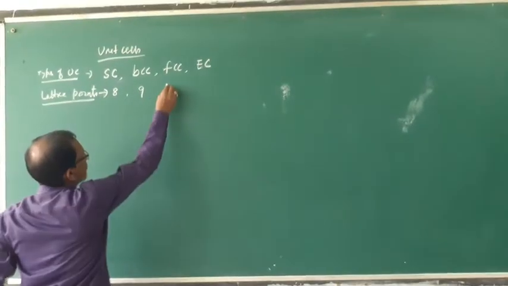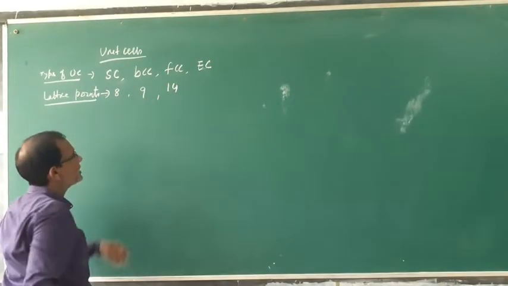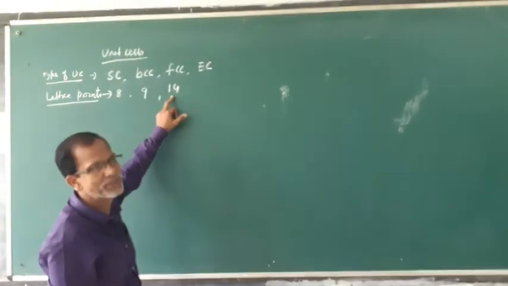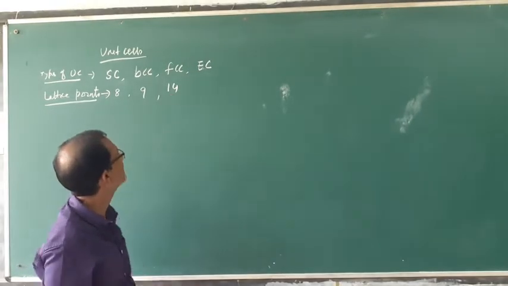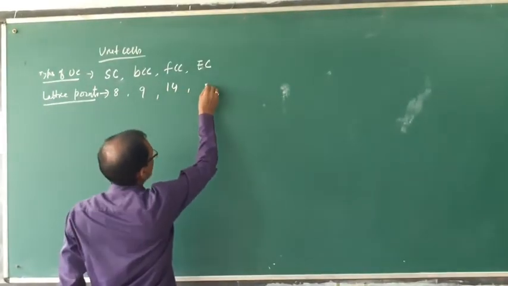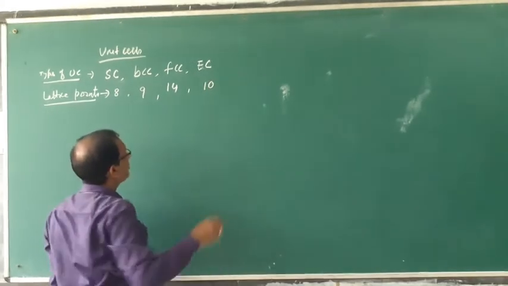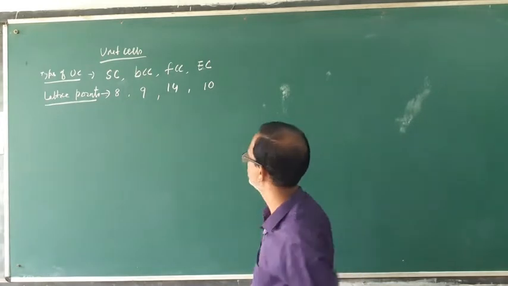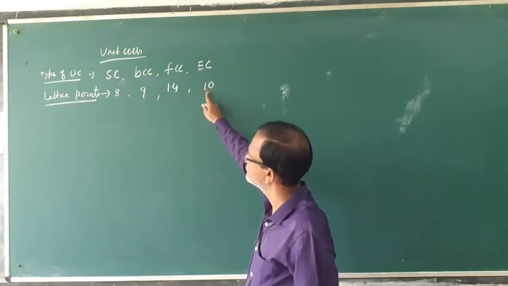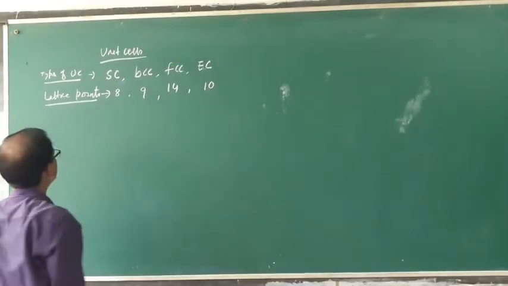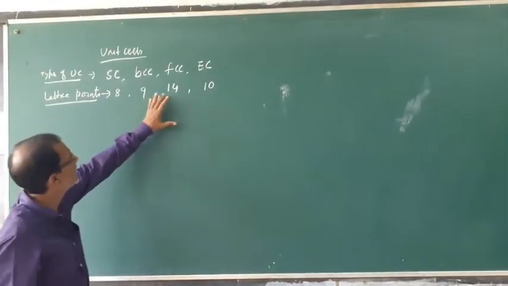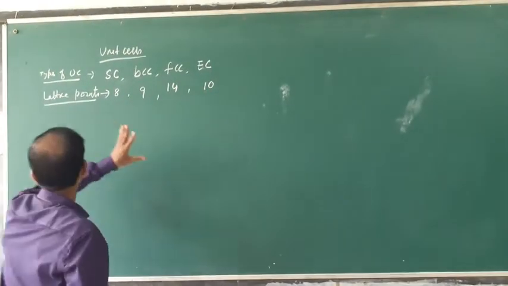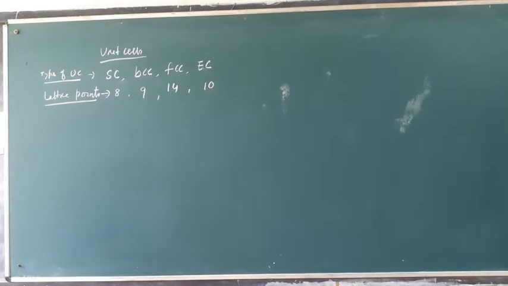Face centered is 14, because 8 corners and 6 faces. End centered is 10. How? 8 corners and 2 opposite faces. That's why 10. Total, how many lattice points? 8, 9, 14 and 10. These are regarding lattice points.